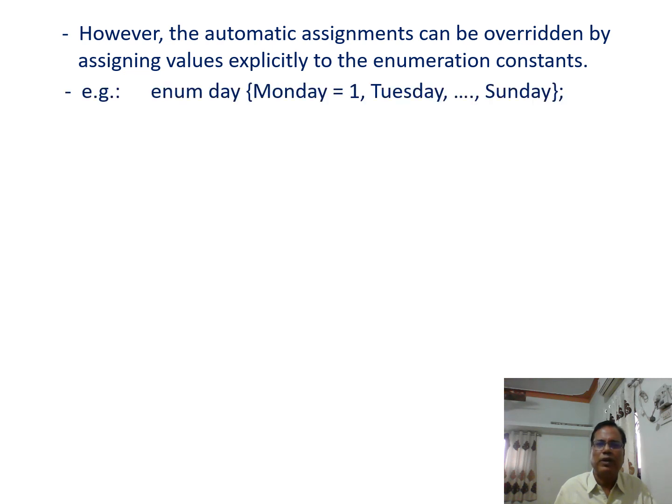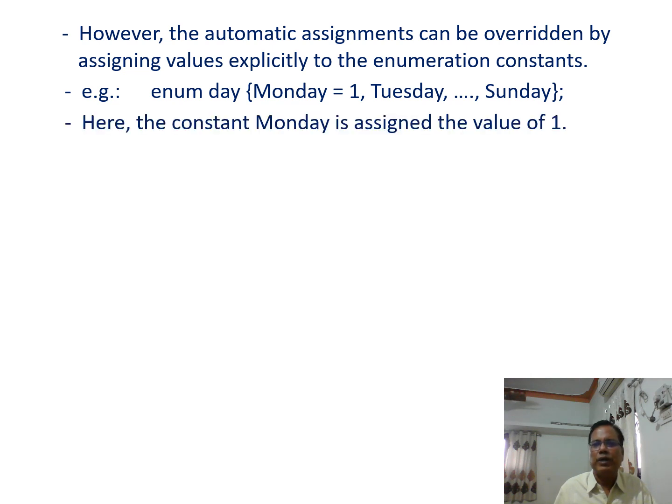For example, in enum day, Monday can be assigned 1 and the following constants are assigned values incrementally, so Tuesday is 2 and Sunday is going to be 8.